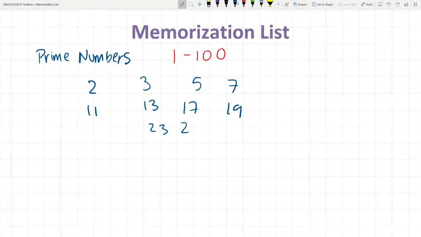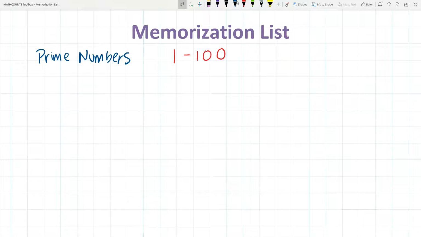So you should know different patterns, like twin primes, which are primes that are basically like 11 and 13, which are 2 apart. So that's what you should know for prime numbers.